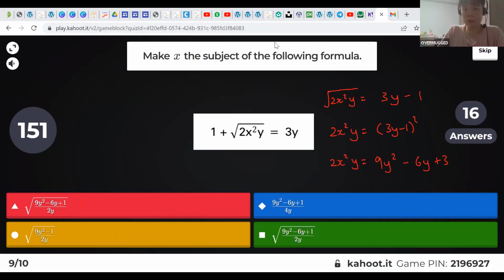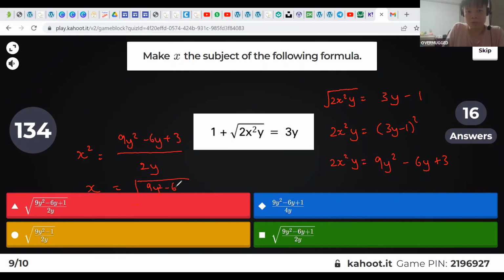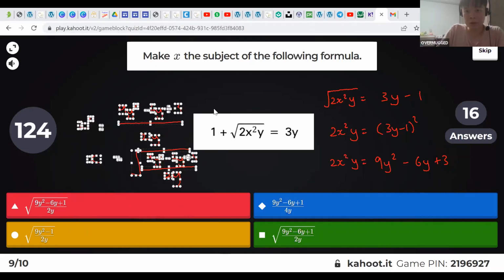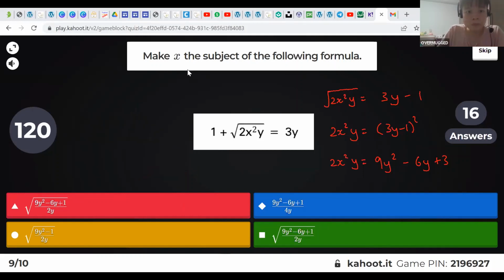Okay, I need to work it out. I don't know what the right answer is. I divide by 2y. Then I square root. There shouldn't be any mistakes. Not sure why. Anyone else pick red?